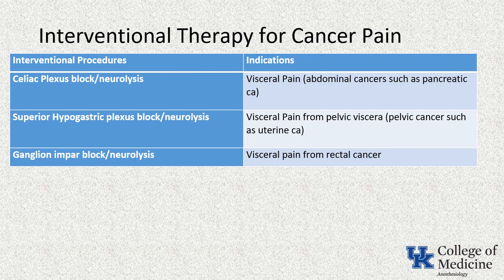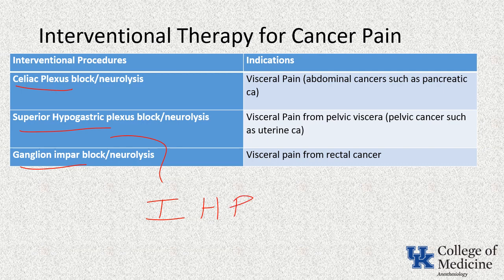There are 4 major plexus that we consider for interventional treatment in the setting of cancer pain. One is the celiac plexus, the superior hypogastric plexus, the ganglion impar, as well as the inferior hypogastric plexus.